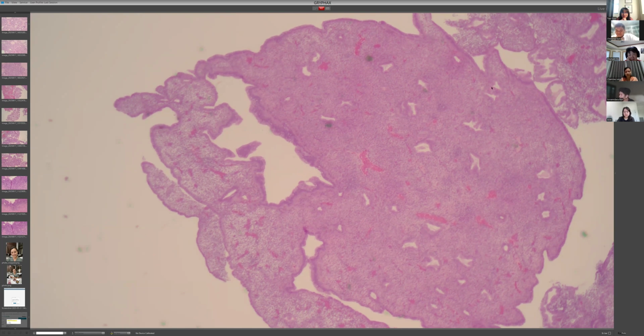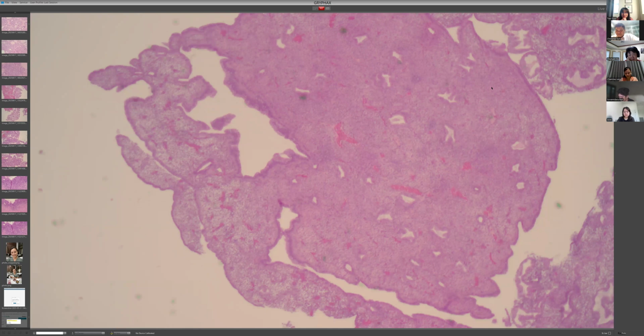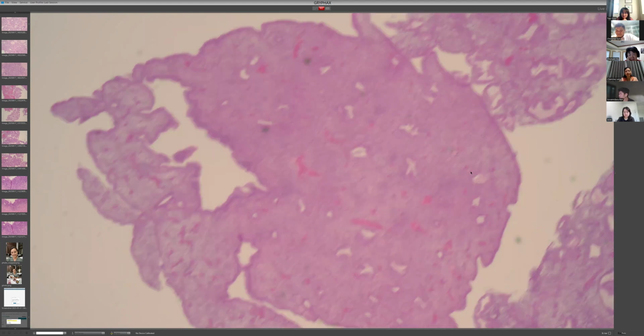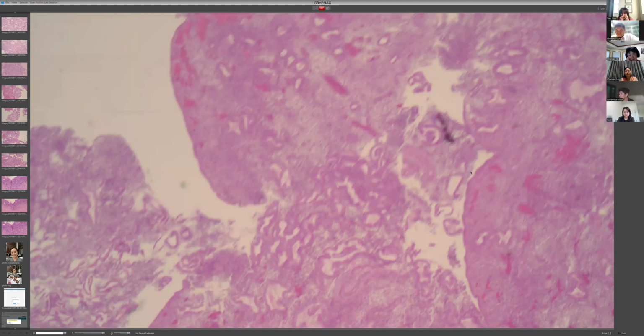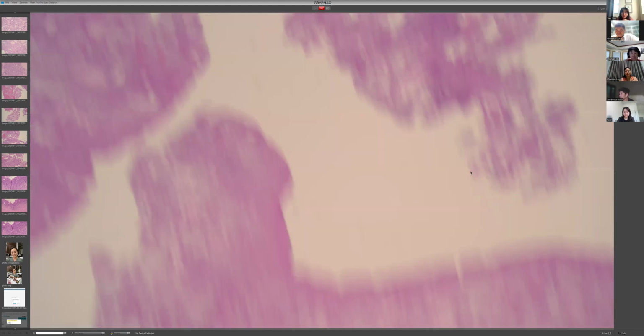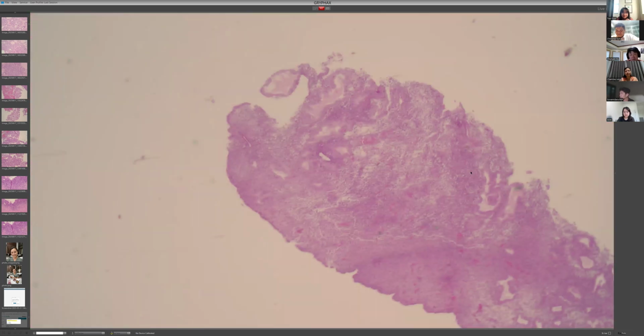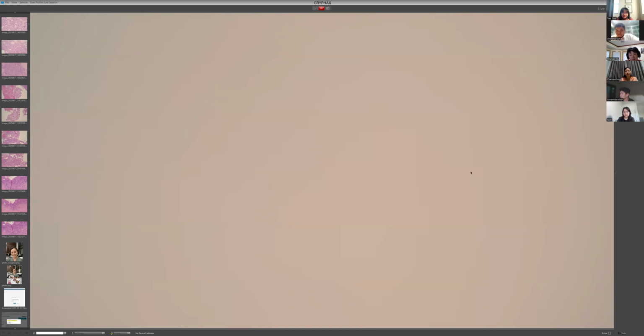And the stroma hasn't really responded compared to the surrounding, so it could be suggestive of a polyp that's not responding the same way. So that's a classic secretory endometrium.